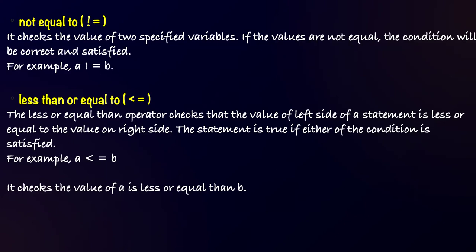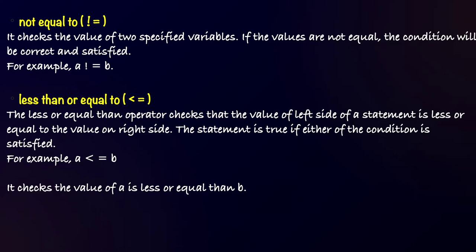That's it. Okay. Now again, if we are combining two operators like less than equal to, that operator checks that the value of the left side of a statement is less than or equal to the value on the right side, right? That's the general purpose for which we use this operator in mathematics, right?